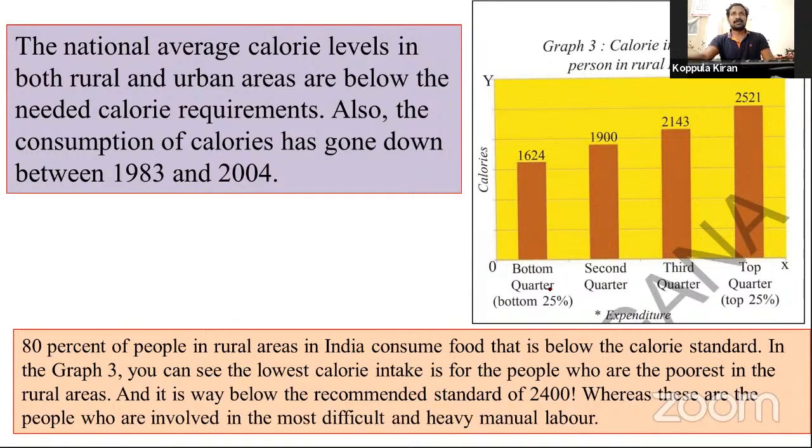See this, particularly in rural areas, calorie intake per person in rural India. They did not get that food; in the first quarter they have taken only 1,624 kilocalories of food.